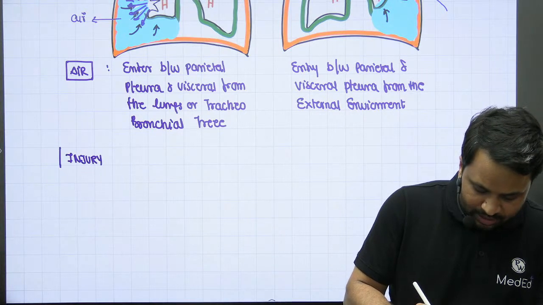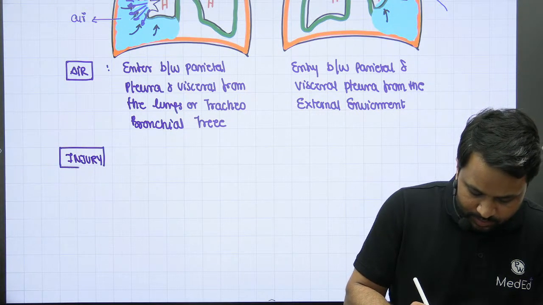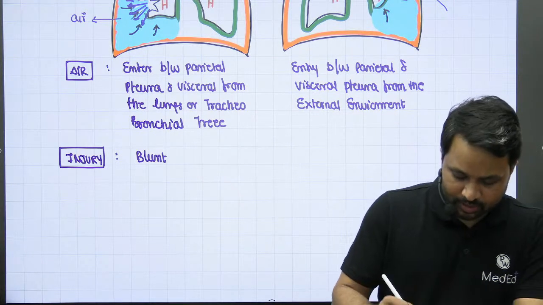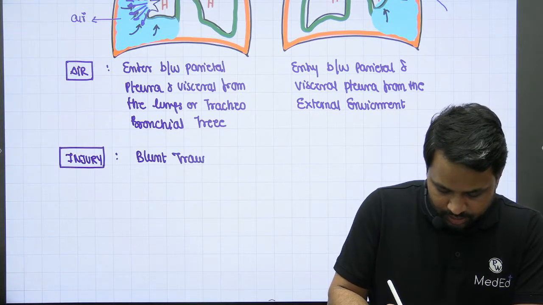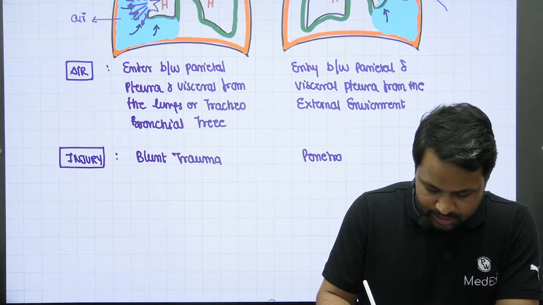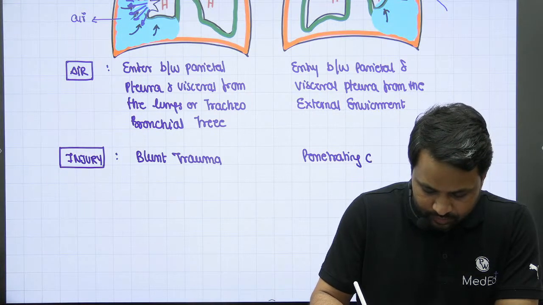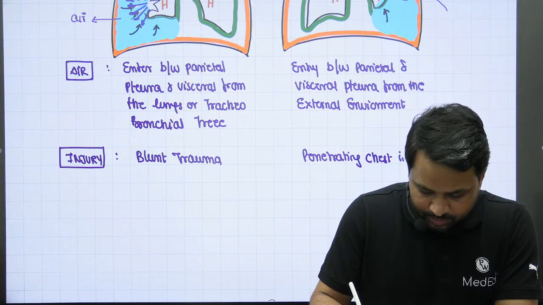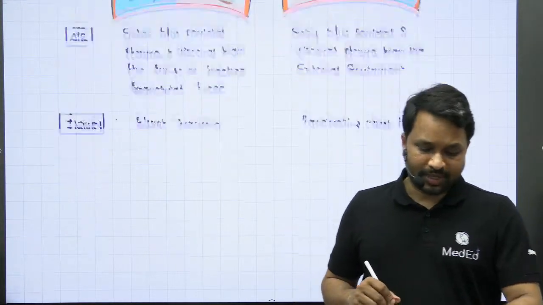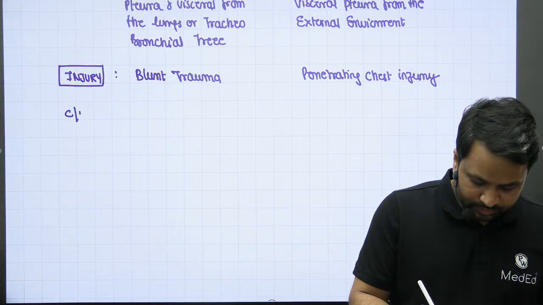Usually the tension pneumothorax is associated with blunt trauma. Open pneumothorax is associated with penetrating chest injuries. Right? How will they present to you in terms of clinical features?